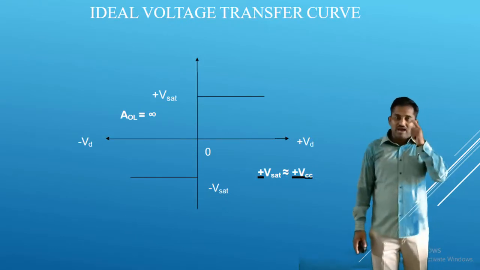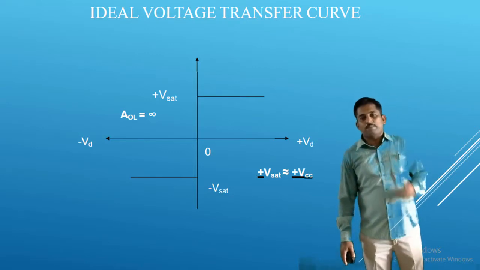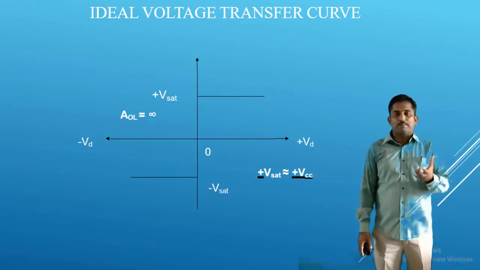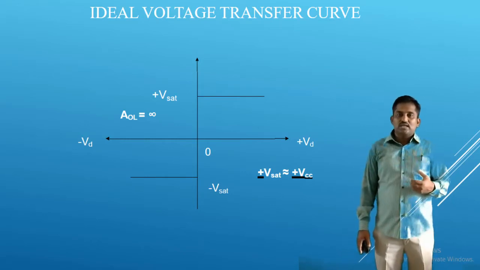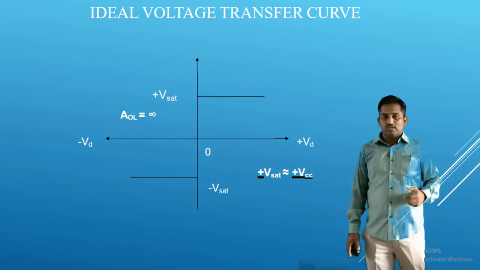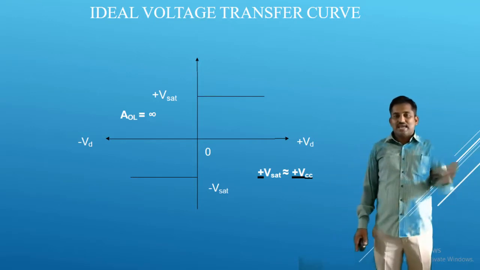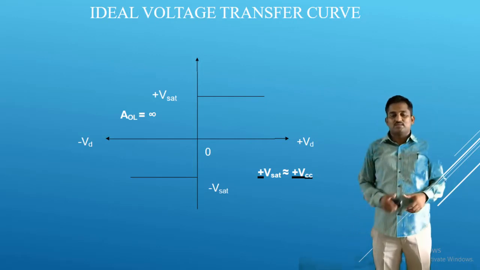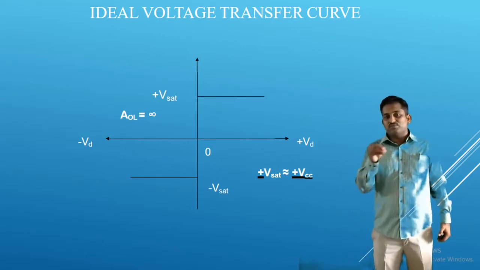And this graph explains the ideal characteristics of an op-amp. This is also called the transfer characteristics of an op-amp, which will be drawn between input voltage and output voltage. So I have taken Vin on the x-axis and V0 on the y-axis. The gain of the ideal op-amp is infinity.